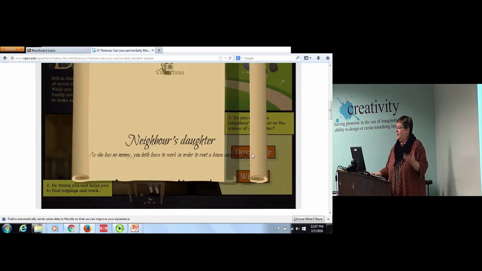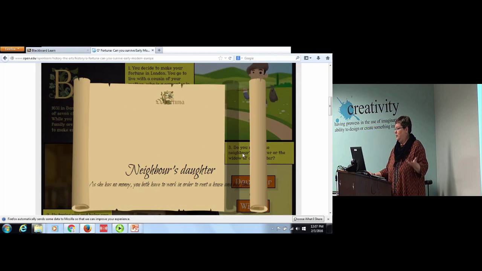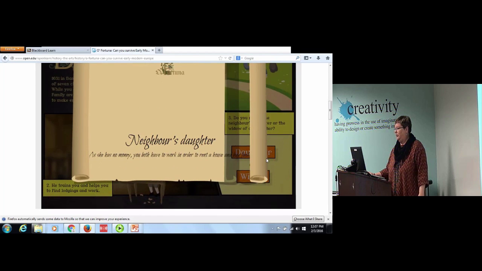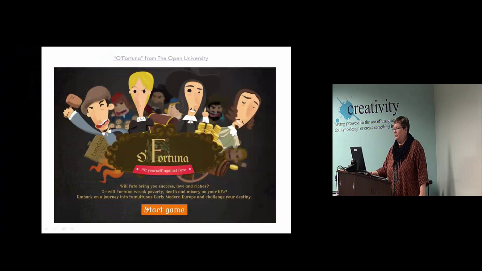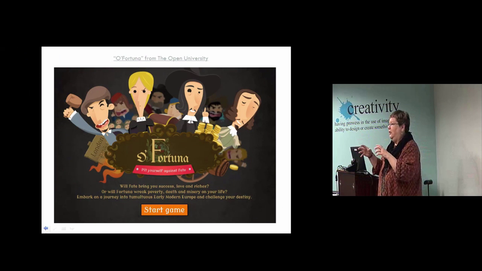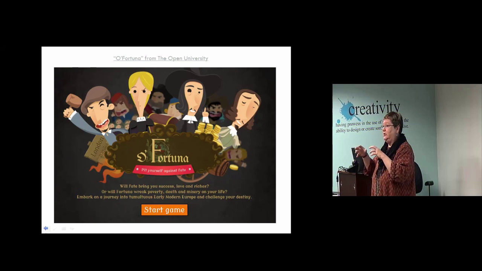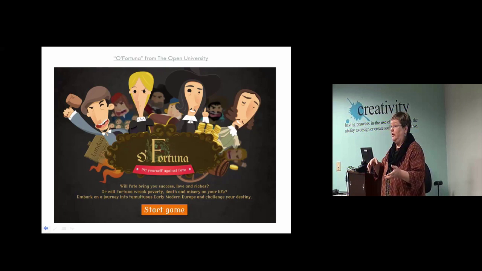So you marry, and she has no money, so you both have to work in order to rent the house, and so on and so forth. I'm not going to go any farther with that because you can go in and play it. But there are things like a wheel spinner, so that when you have kids, you spin the wheel and it determines how many kids you have and how many survive to adulthood.